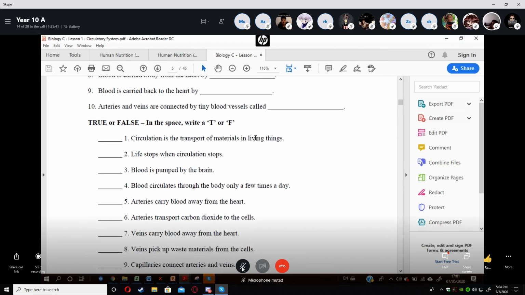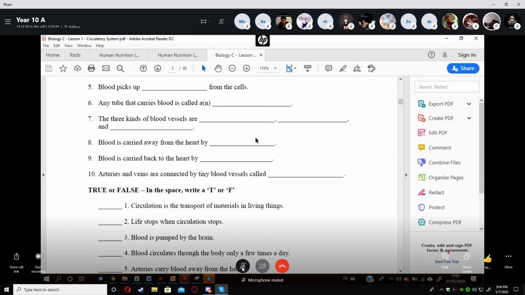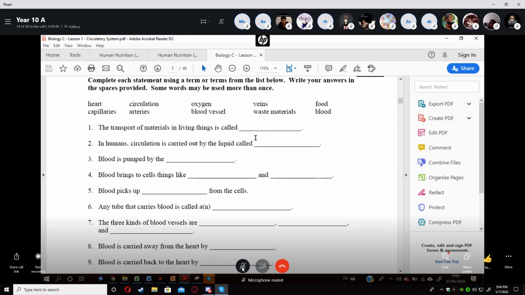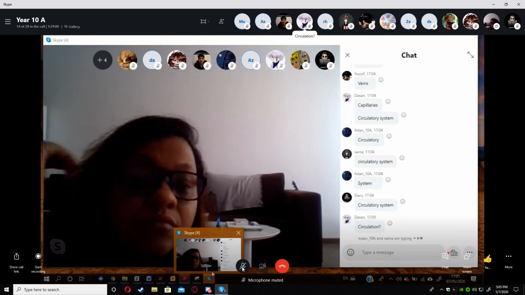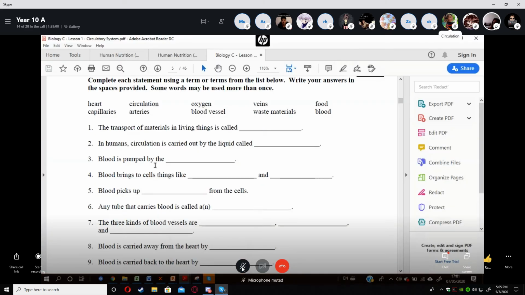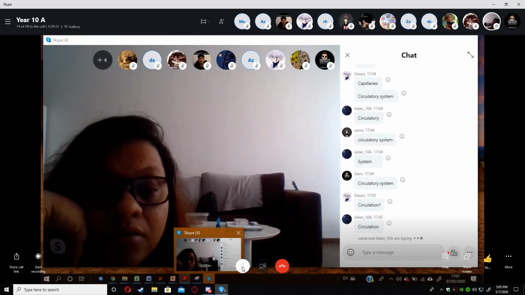Let me see. Here, this one. From these words here, the transport of materials in living things is called circulation. That's right. In humans, circulation is carried out by the liquid called blood.